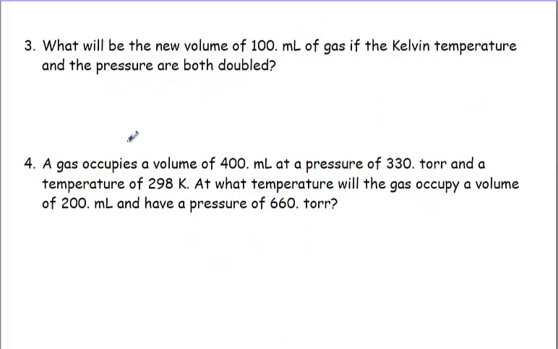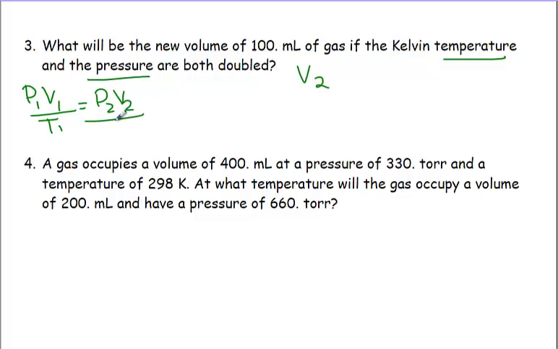Okay, next problem: what will be the new volume? So we're looking for V2 here, if temperature and pressure are both doubled. We're going to use our combined gas law here to show the relationship of what happens when we double both the pressure and the temperature.